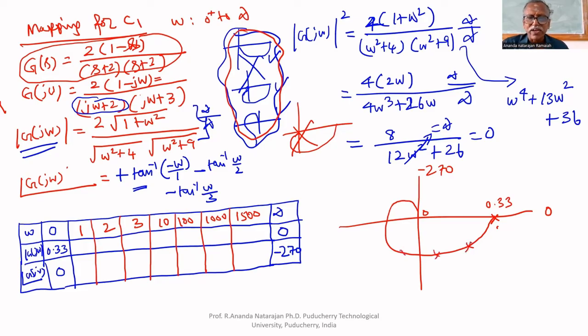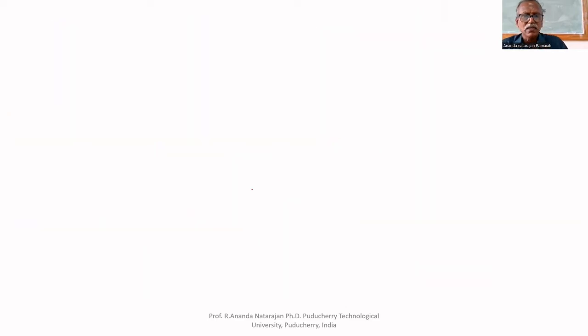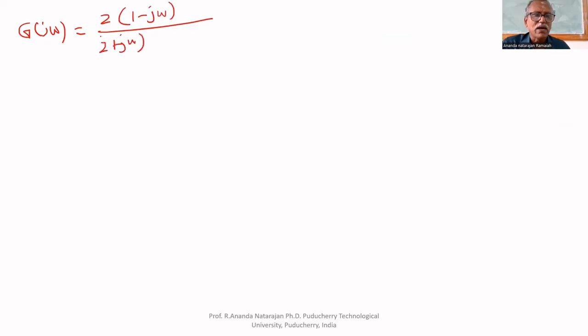Some points you can find from the table. But where it crosses the real axis, that we have to find. To find that, we consider G of j omega equal to 2 multiplied by 1 minus j omega upon 2 plus j omega multiplied by 3 plus j omega. Multiply the numerator and denominator by the complex conjugate.